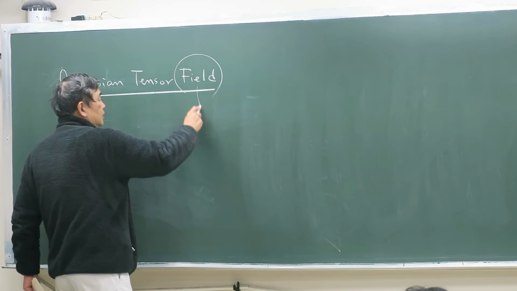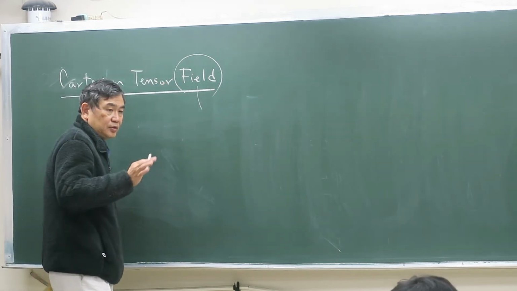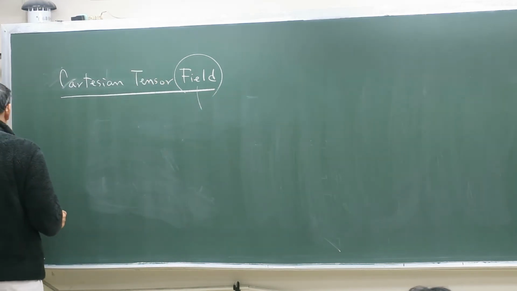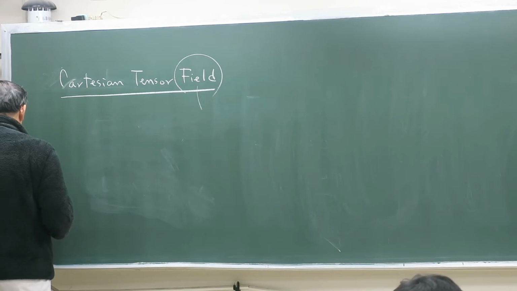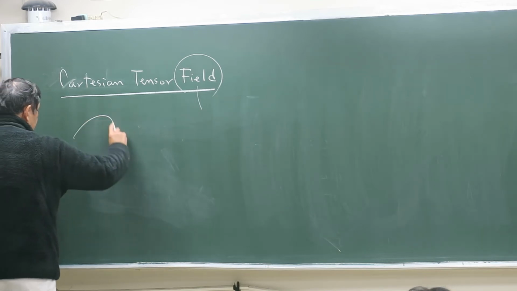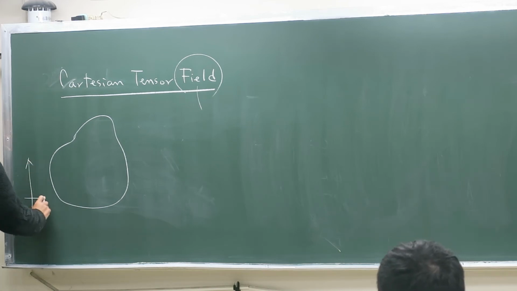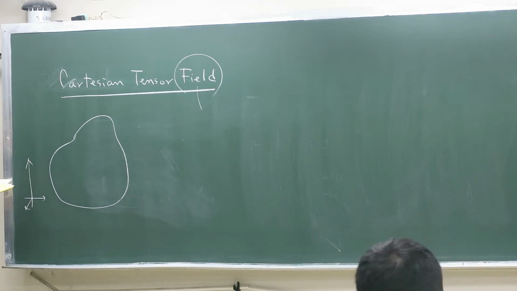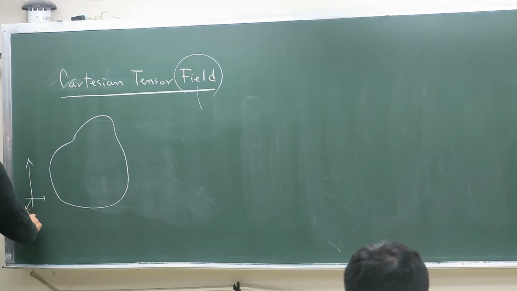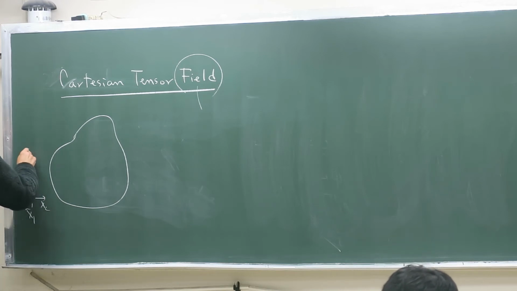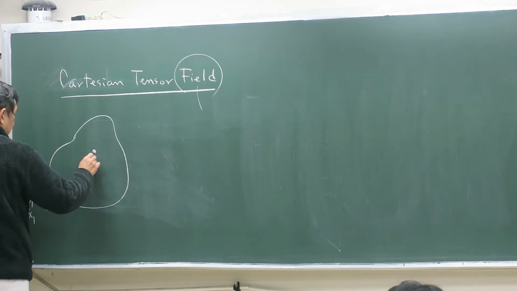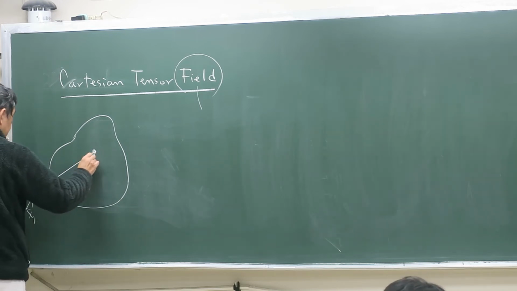Field means in the spatial domain. Okay, for example, this is, for example, this solid, and this is in the Cartesian coordinate system. Okay, for x1, x2, x3, and this is a position vector.